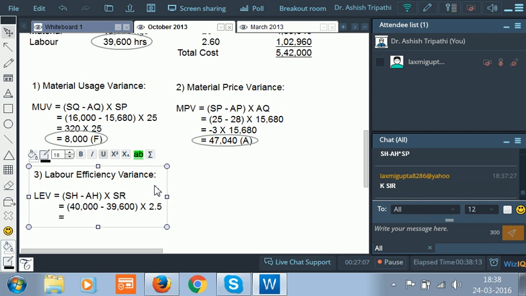Therefore 40,000 minus 39,600 will give you 400. 400 into 2.5 will give you 1,000.